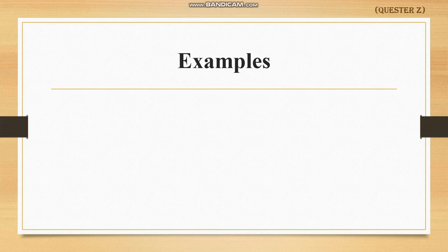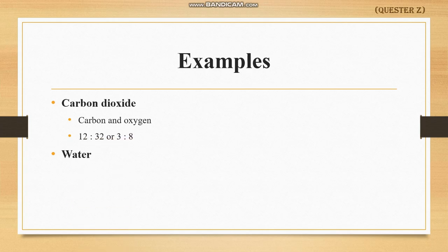Some examples. So we look at two examples, carbon dioxide, CO2, and water, H2O. In carbon dioxide, there are two elements present, carbon and oxygen. So they have a fixed ratio, 12 to 32 or 3 to 8 by mass.